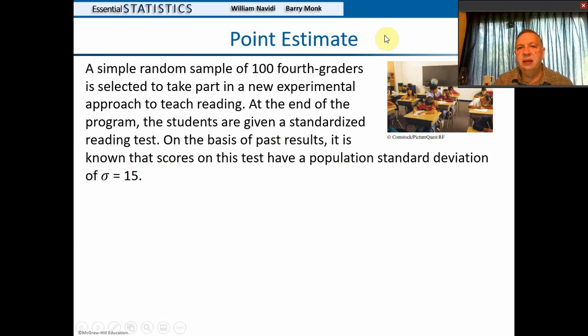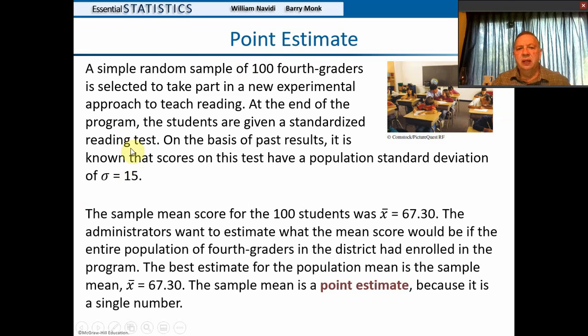Well, we're going to need something to get started with, and that's called the point estimate. And we're going to see this over and over as we go through chapter 7. So we've got this sample of students that we've worked with, so we're going to start with them. The sample mean score for the 100 students was X bar, that's the sample mean, equal to 67.30.